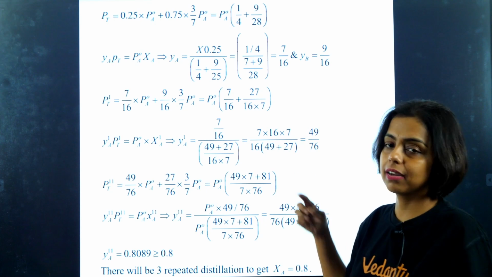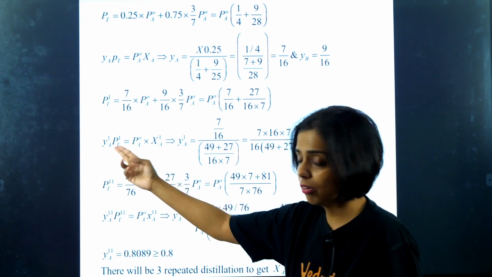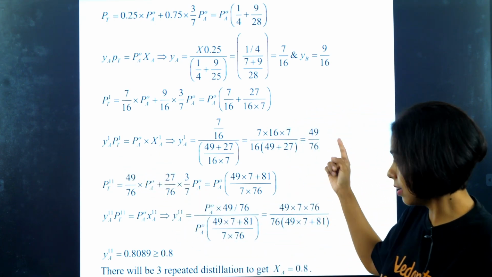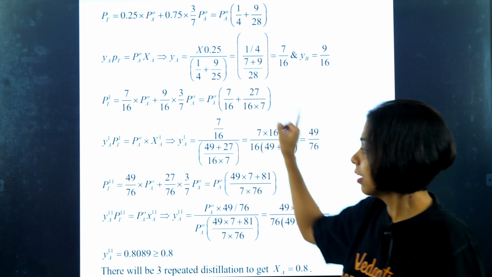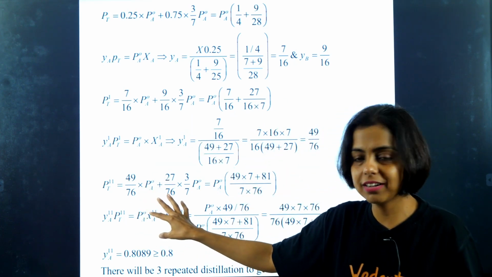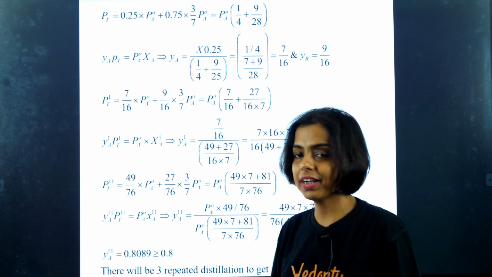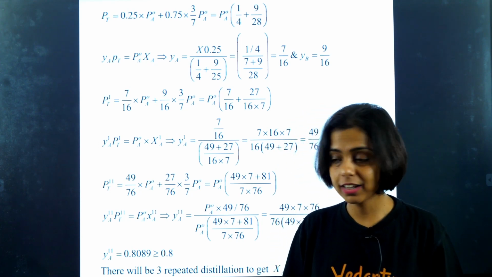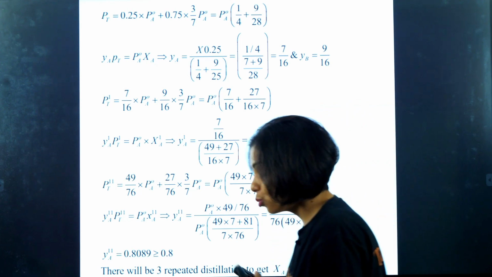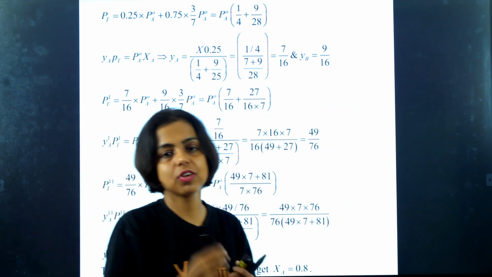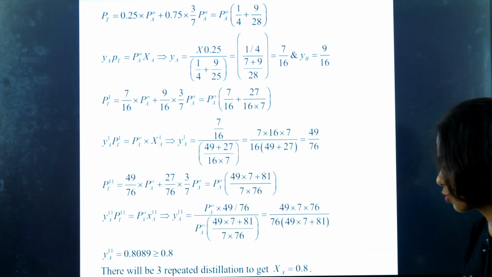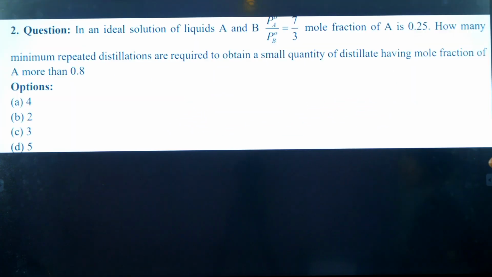We calculate again the new YA, which is less than 0.8. Again we have to do the distillation. Then finally what we get, YA is 0.8089, that is of course more than 0.8. So how many times we have to do the distillation? 3 times we have to repeat the process, guys. So indeed the option that will be your answer is C, that is 3.